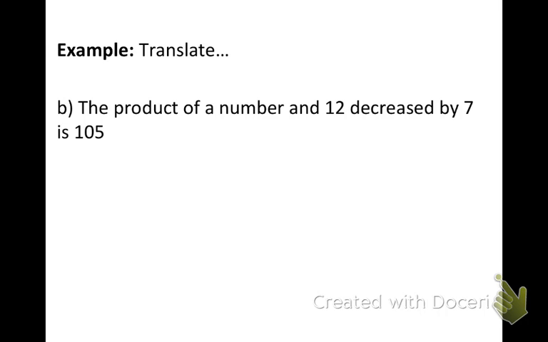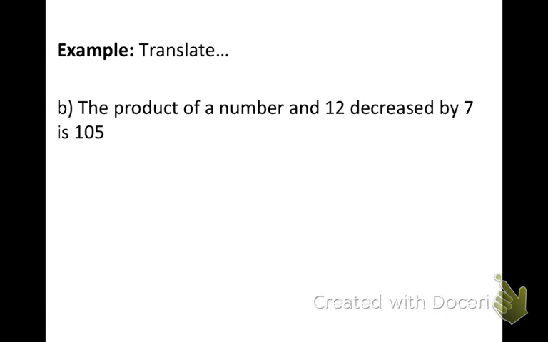The product of a number and 12 decreased by 7 is 105. So the product, well, we all know that means multiplication.